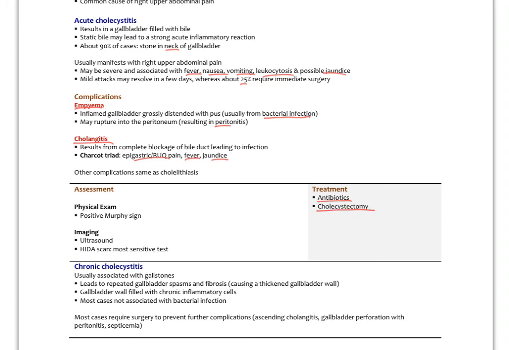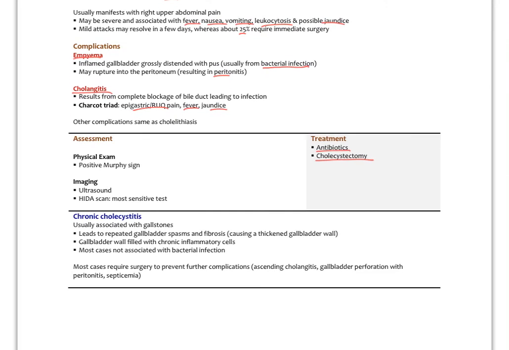Now, you can have chronic cholecystitis, and that's usually associated with gallstones, the cholelithiasis. It leads to repeated gallbladder spasms and fibrosis over time, which results in a thickening of the gallbladder wall. The wall actually becomes filled with chronic inflammatory cells. Usually this has no superficial bacterial infection. This is more just a chronic inflammatory process.